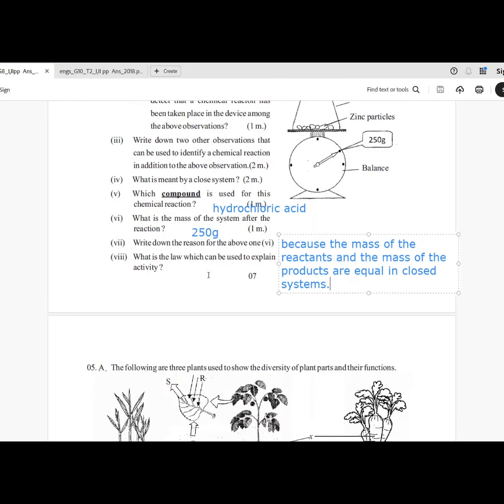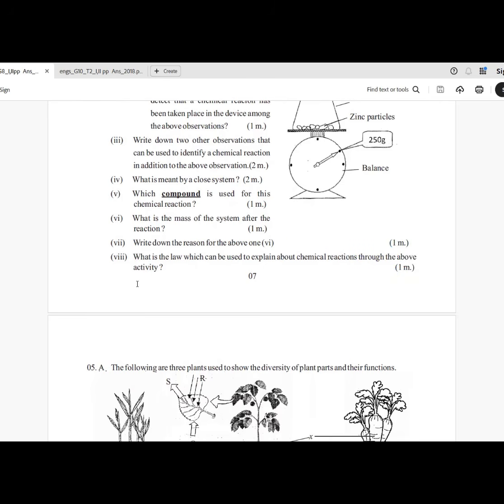What is a law which can be used to explain the chemical reactions through the above activity? Law of conservation of mass.